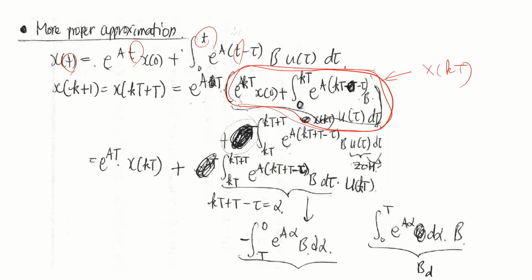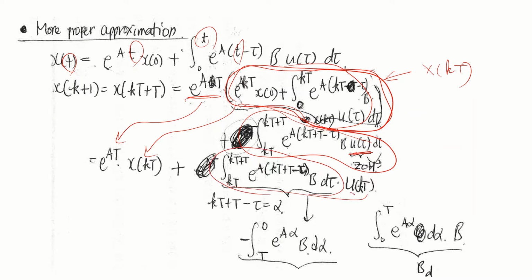So now e to the AT times x of kT comes, and this one here, with the assumption of constant u, we have this part times this. But now using this change of variable, if you just change this to alpha, then you can see this integration is the same as this. This becomes alpha.